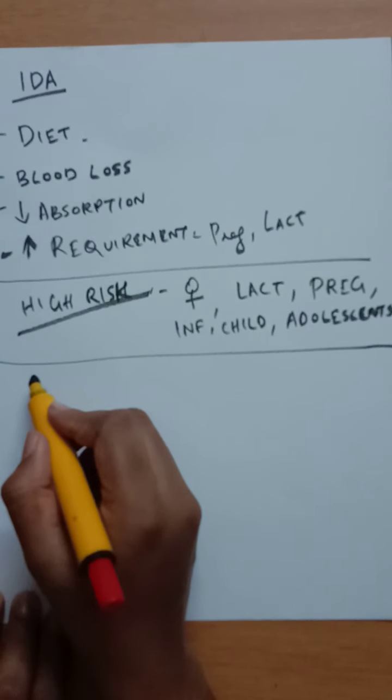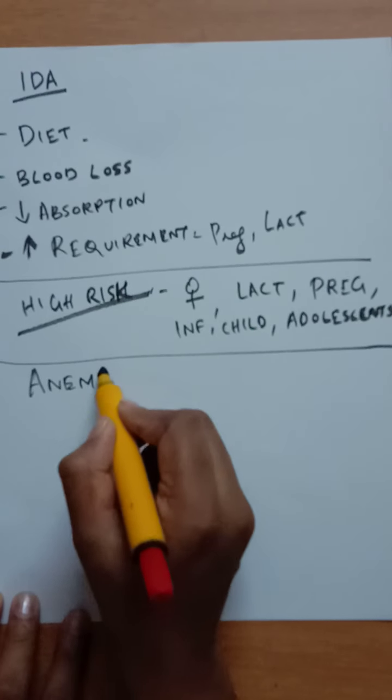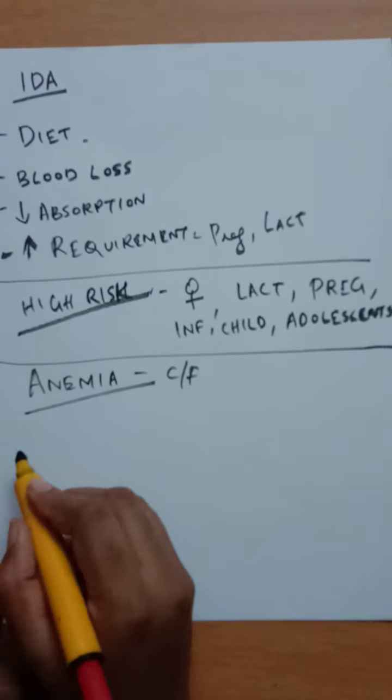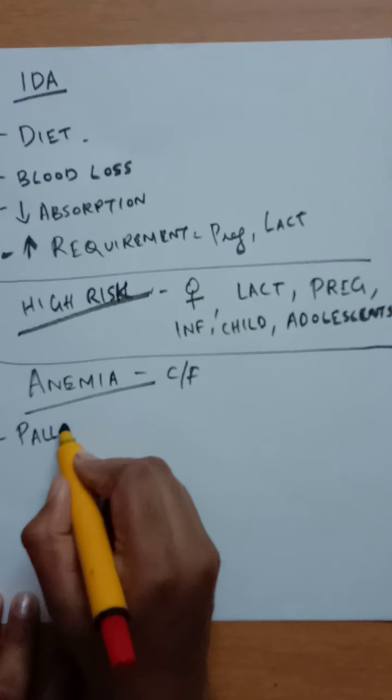Next, symptoms and signs of anemia. So we can deal with the clinical features in anemia. So first, pale skin.